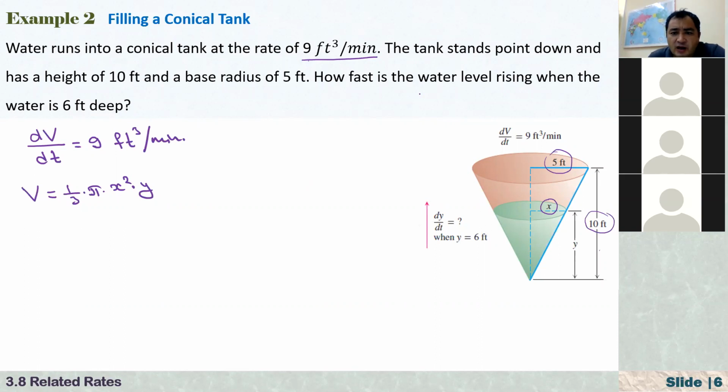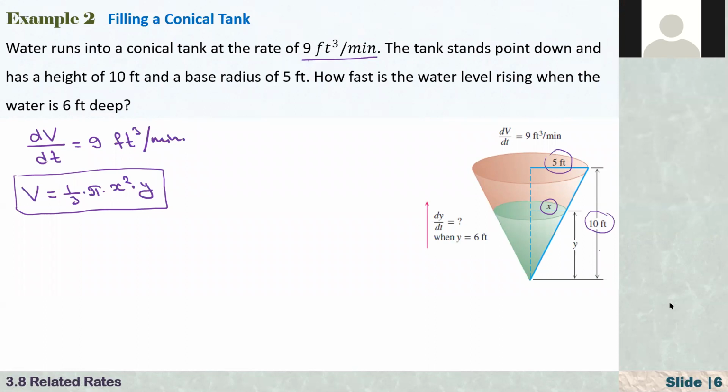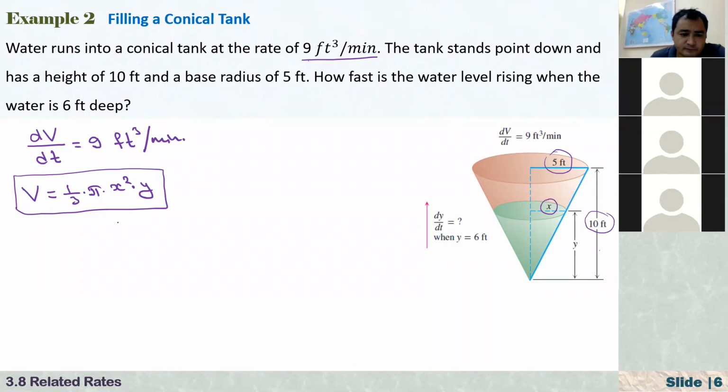How fast is the water level rising when the water is 6 feet deep? Now, as you see here, that is our volume. Okay, this is our volume problem. But here, how many variables do we have? V, it is changing. x, it is changing.